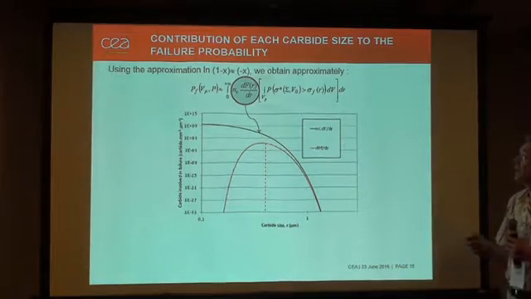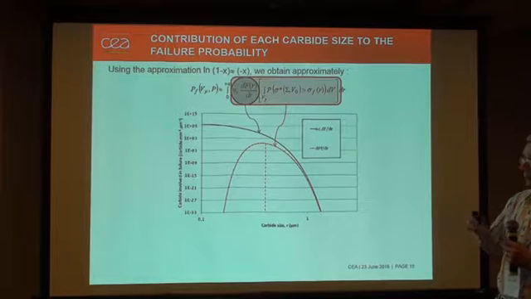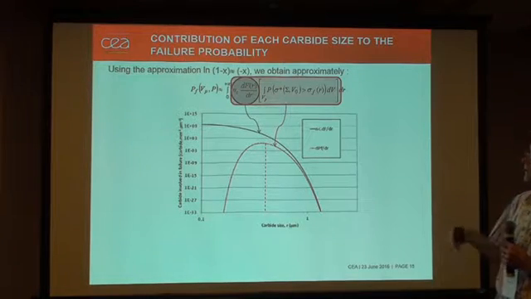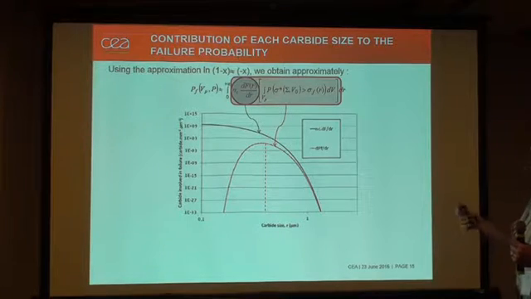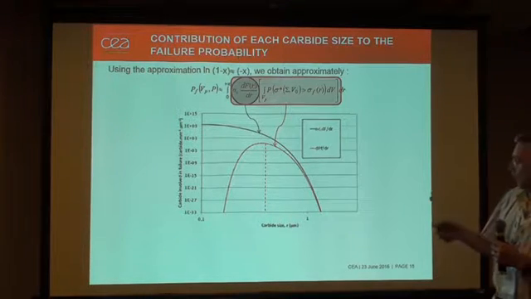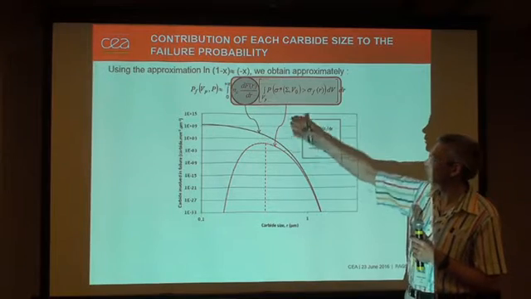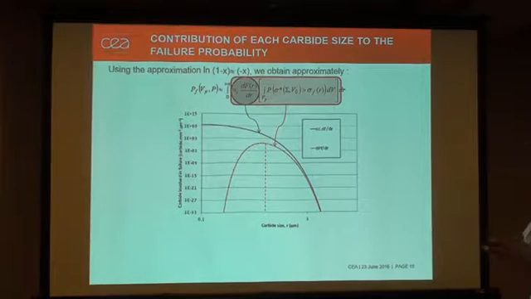And in red, the carbides that contribute to failure for a given loading, the proportion of the carbides that will contribute to failure.